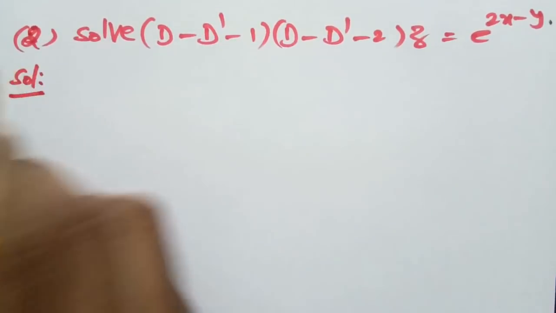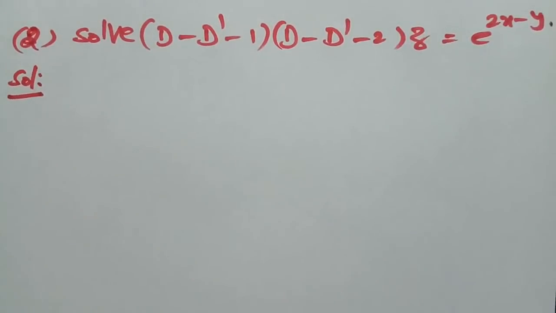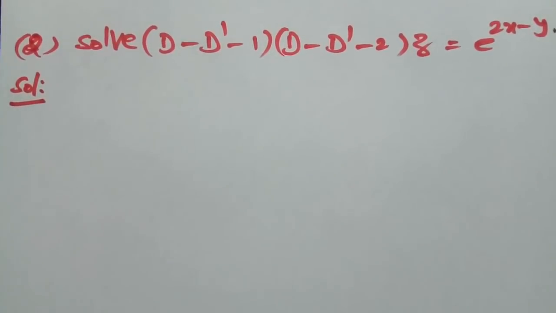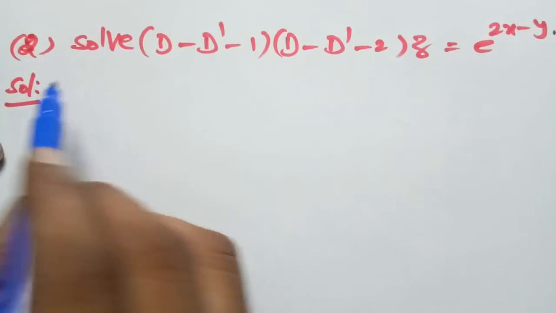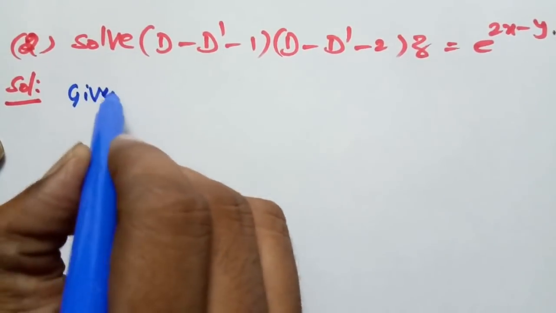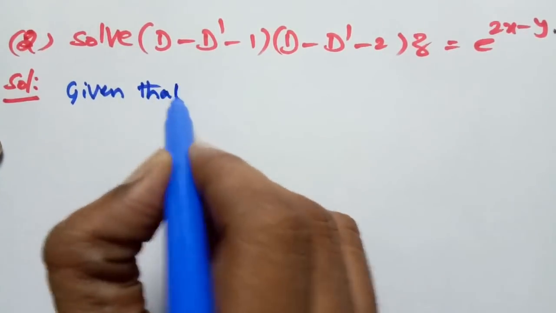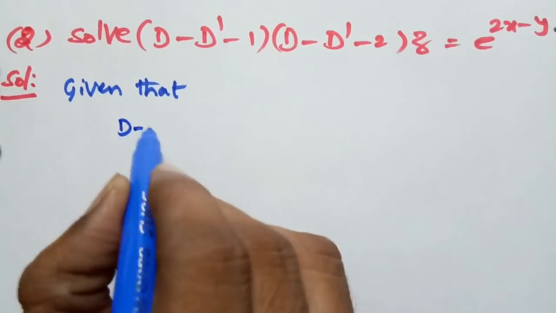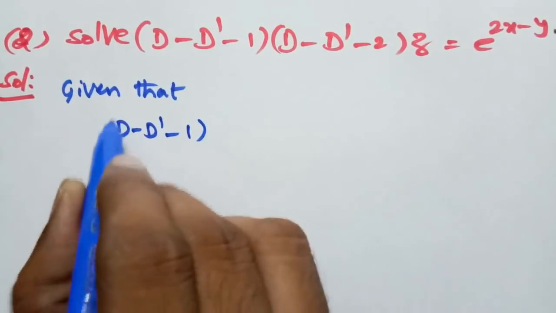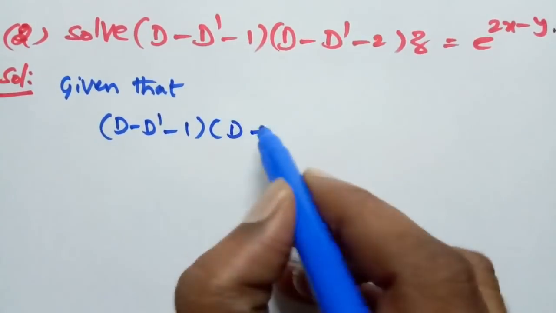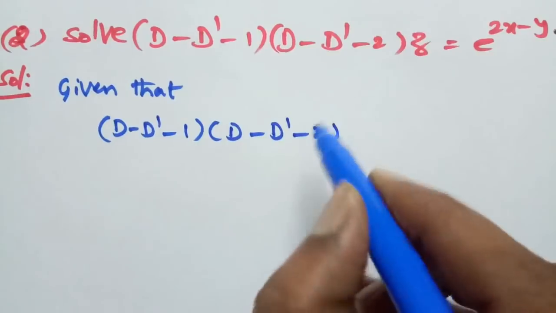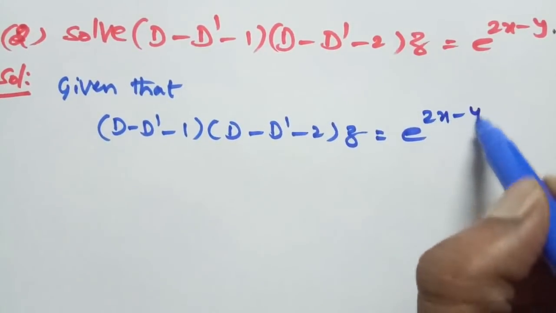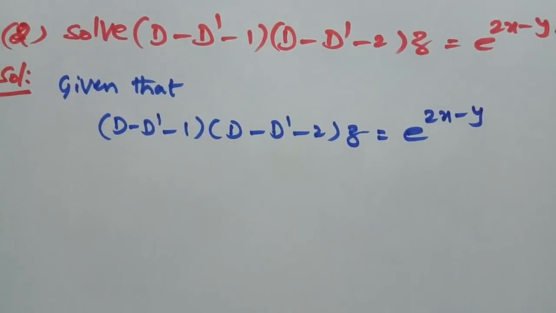Now, solution. Write down the given equation. First, given that (D - D' - 1)(D - D' - 2)z = e^(2x - y).